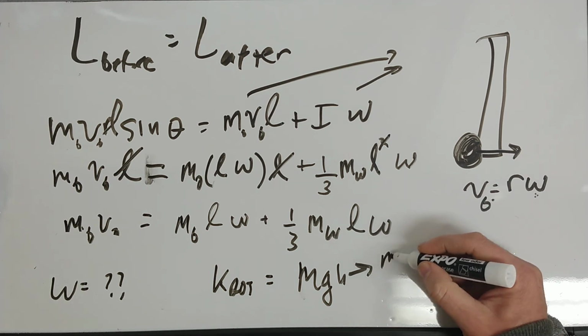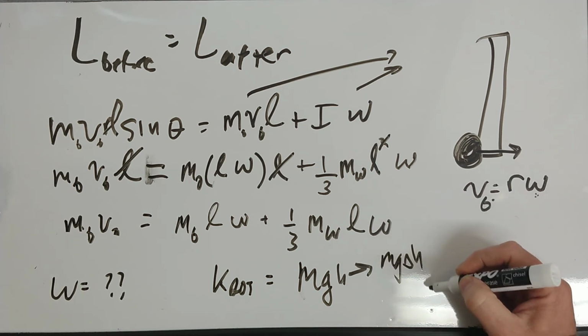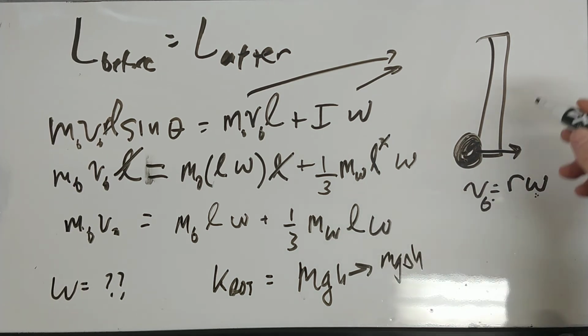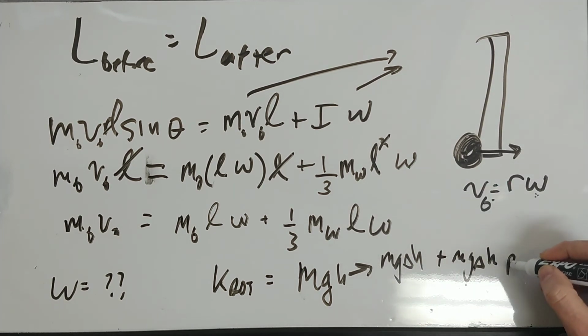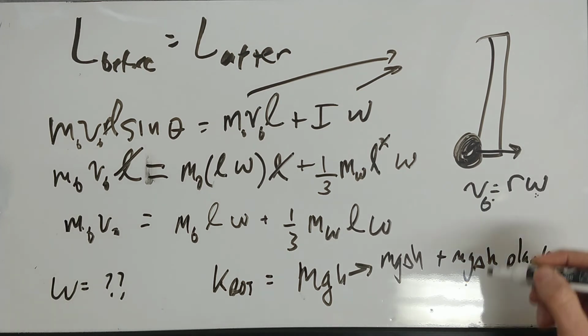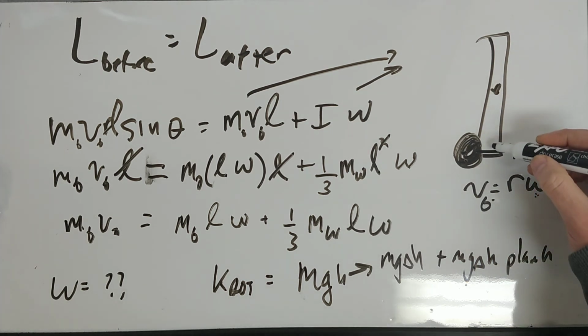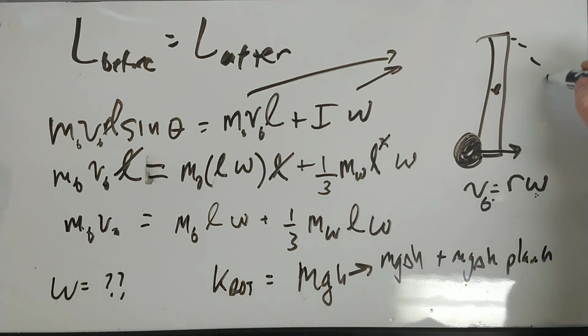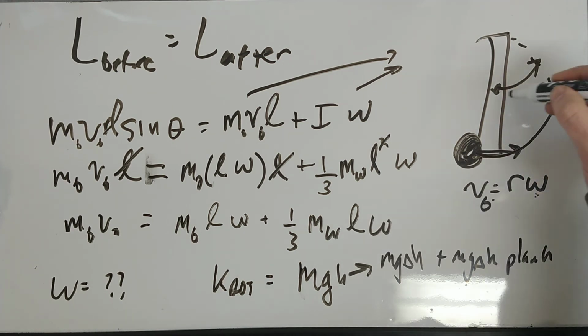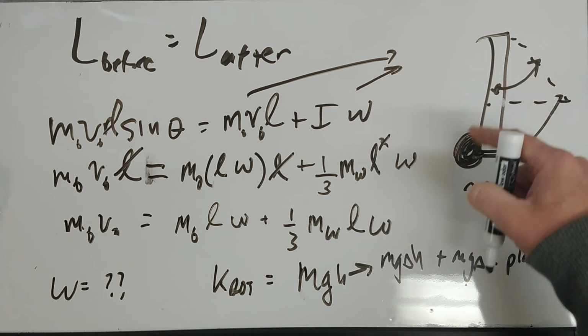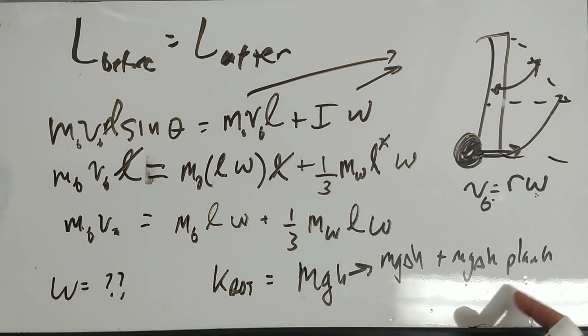You got to do mg delta h of the ball, plus mg delta h of the plank. And for the ball, it's going to be different, right? The change in height of the ball is going to be different than the change in height of this. See if you can figure that out, how they relate to each other.